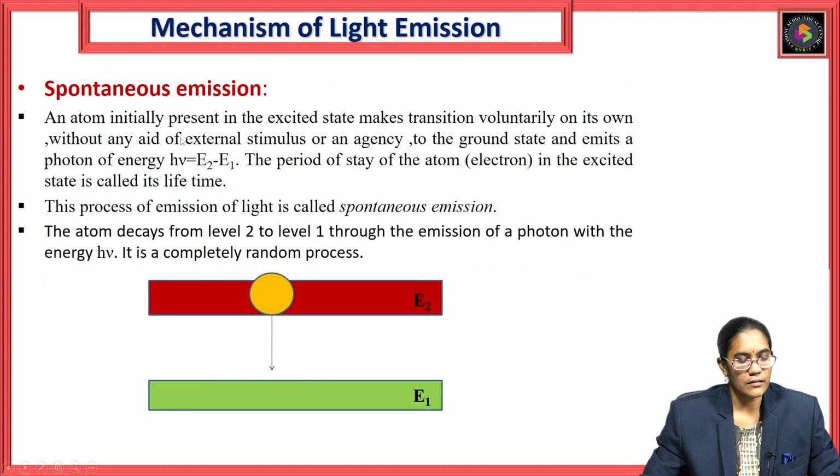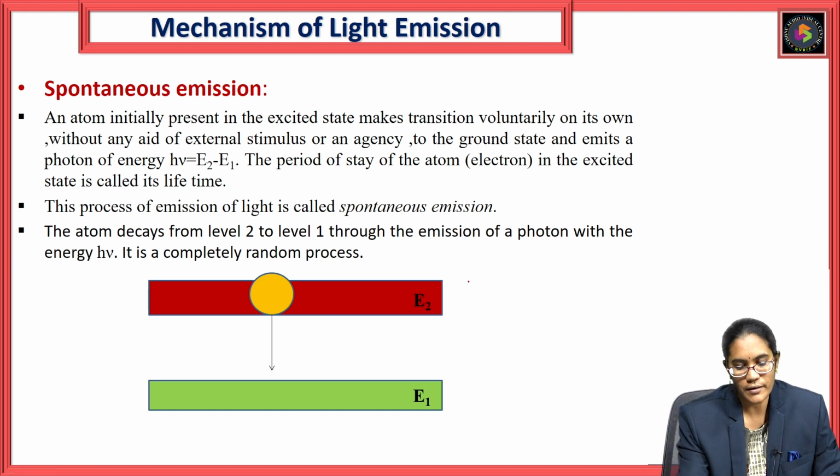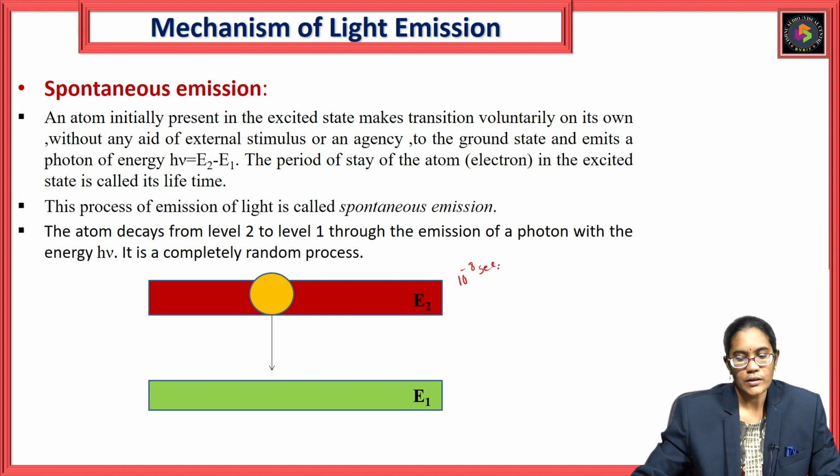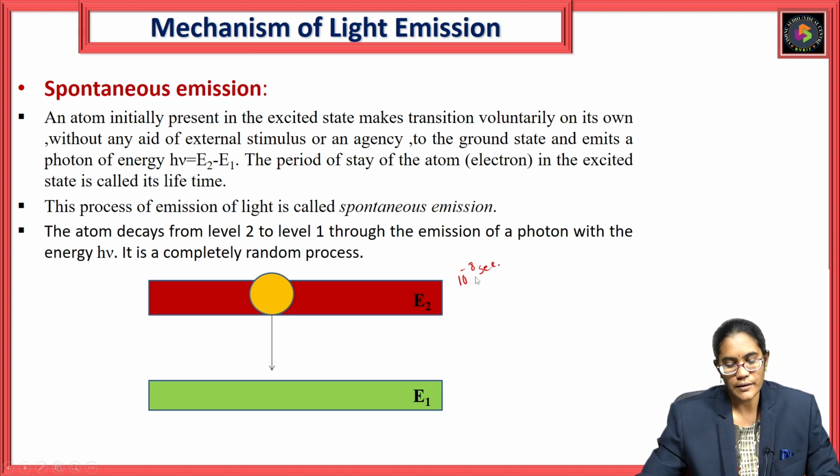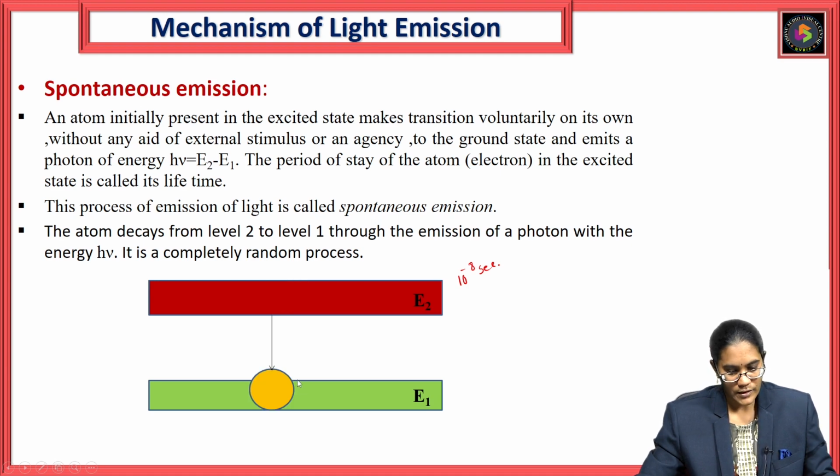And the second process is spontaneous emission. Here, initially the atoms are present in the higher energy state, that is the E2 level. For the high energy state, the lifetime is very short, that is 10 power minus 8 seconds.